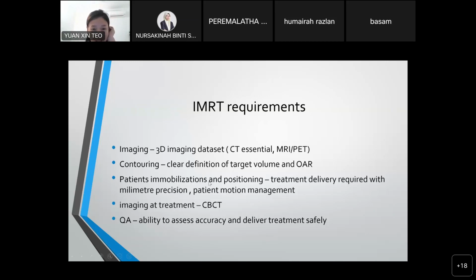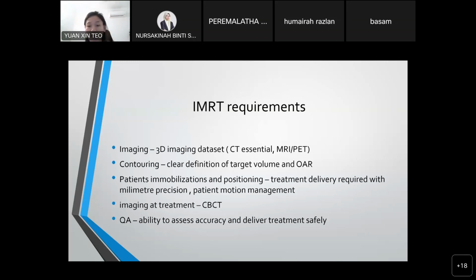So, for patient immobilizations and positionings, for 3D planning, for example a pelvis case, for a 3D treatment the radiographer will just position the patient lying on the couch without using any immobilization tools, because for 3D the tolerance we can accept is up to 5 mm.